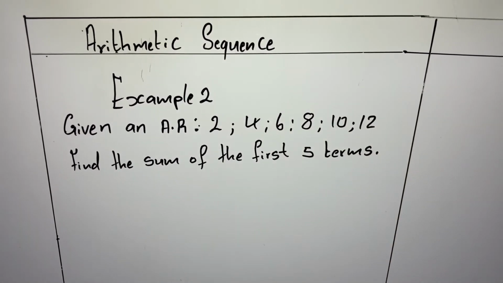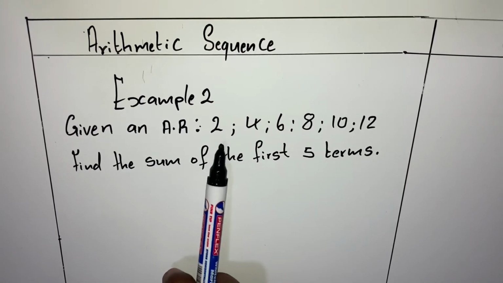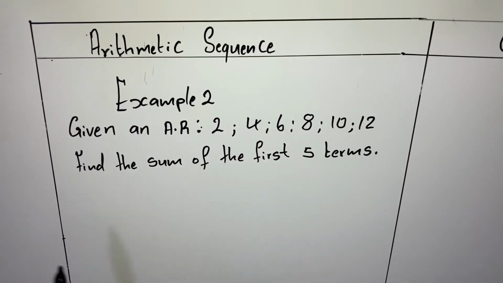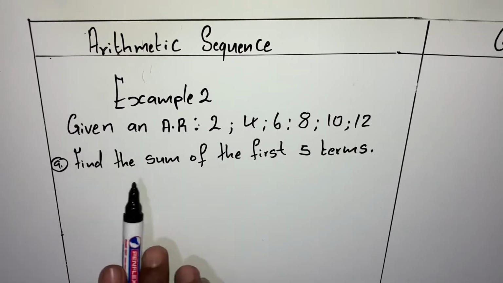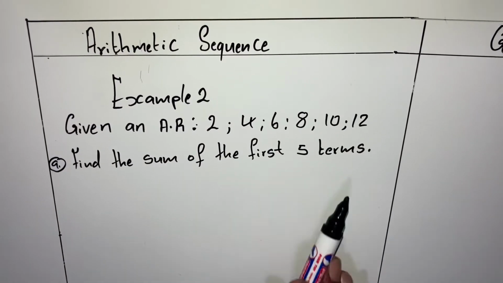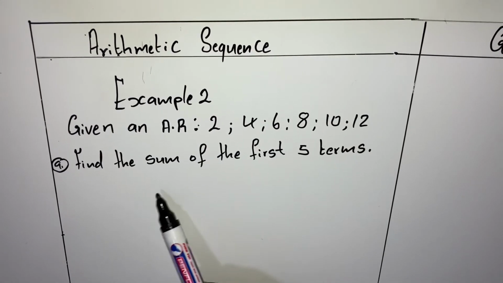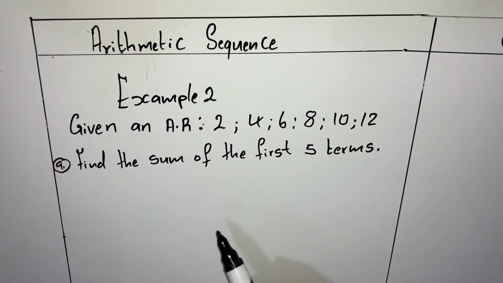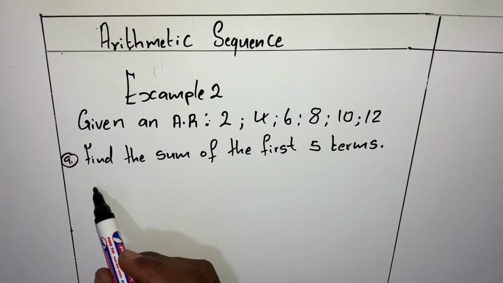So, given an arithmetic sequence 2, 4, 6, 8, 10, 12, our question is: find the sum of the first 5 terms. Because our sequence is an arithmetic sequence, we go on to use the formula.